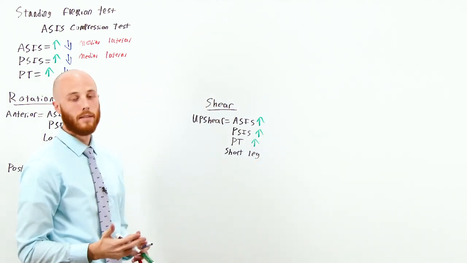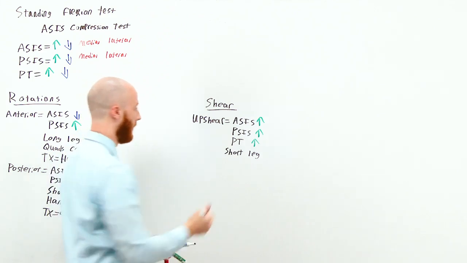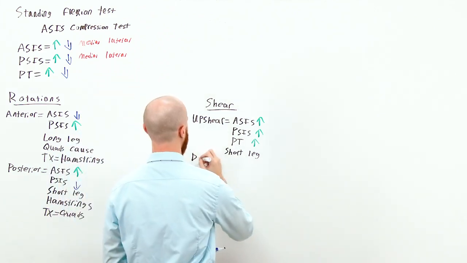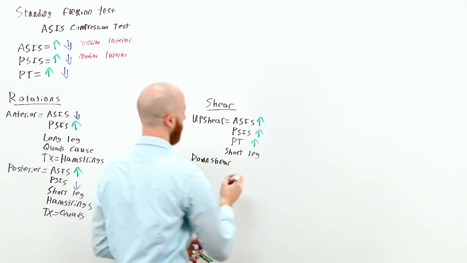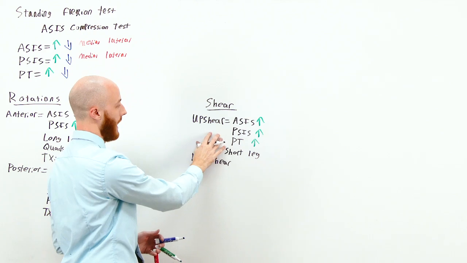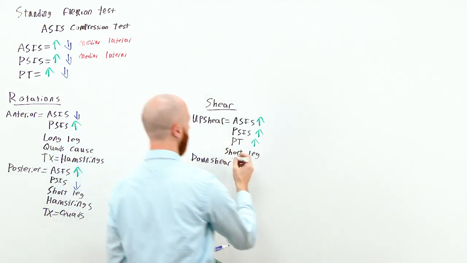So if you have an up shear, that means you can also have a down shear. In a down shear, the findings are exactly the opposite of an up shear.